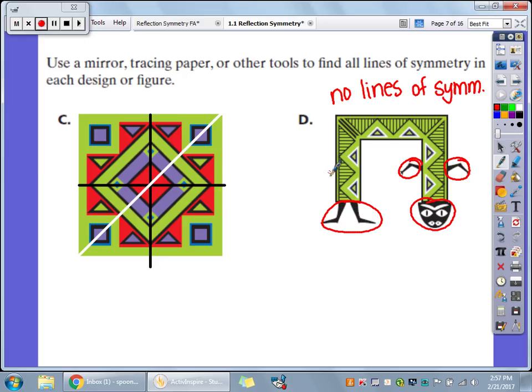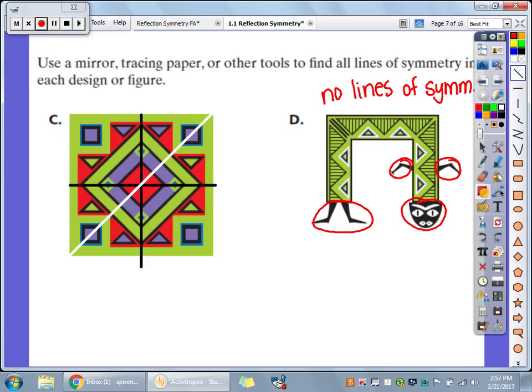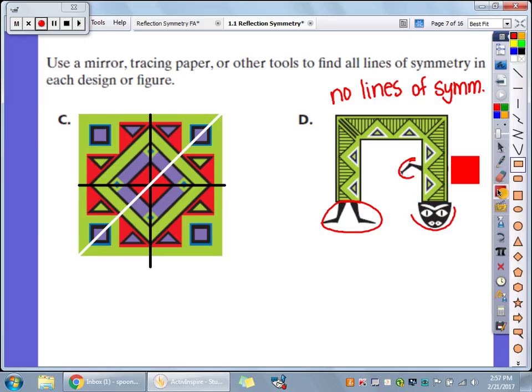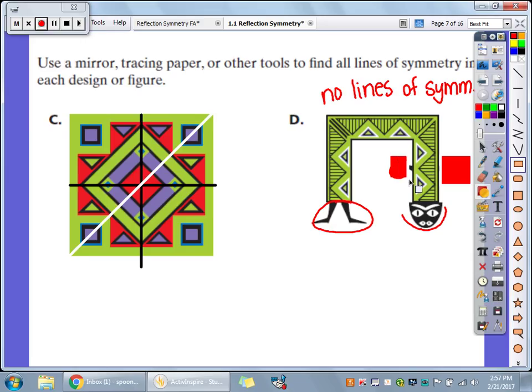So even if we took those off, okay, so imagine that those are gone. You don't have those arms anymore. Okay, so imagine that these are gone.